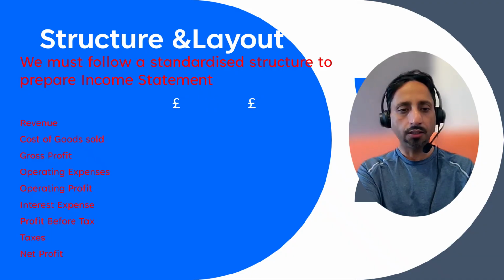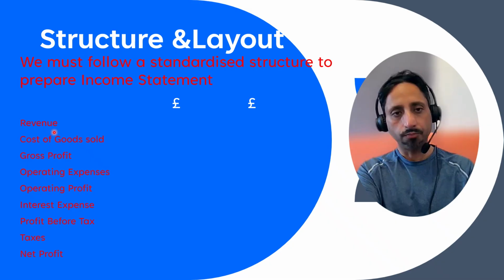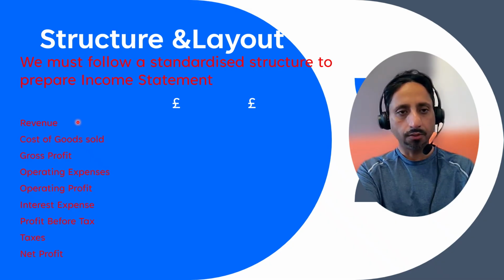So the first element in the income statement is the revenue. Revenue has to come at the top, and you see the currency sign at the top, and then the income statement starts with the revenue.